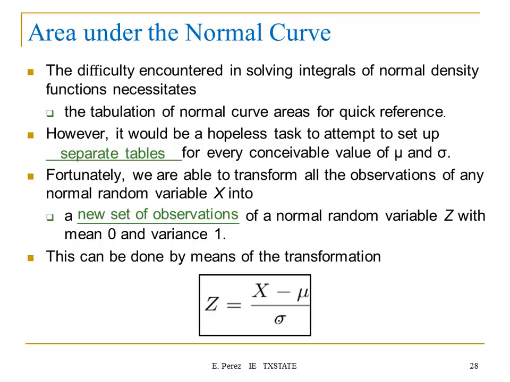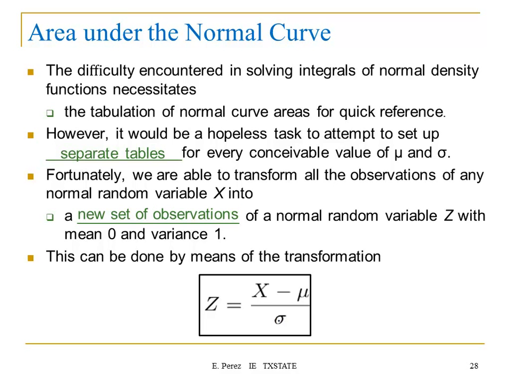The difference between x and z is that the z random variable will have a mean of 0 and a variance of 1. This is using the transformation. The transformation of the random variable is here.